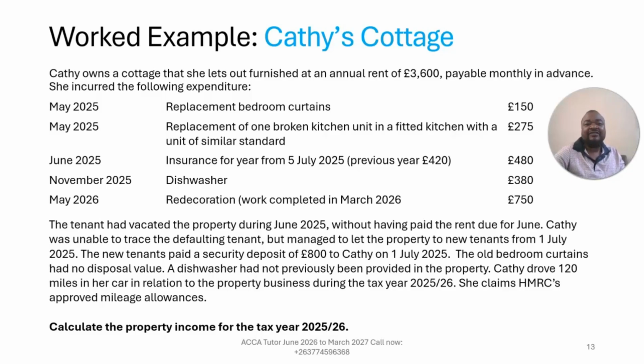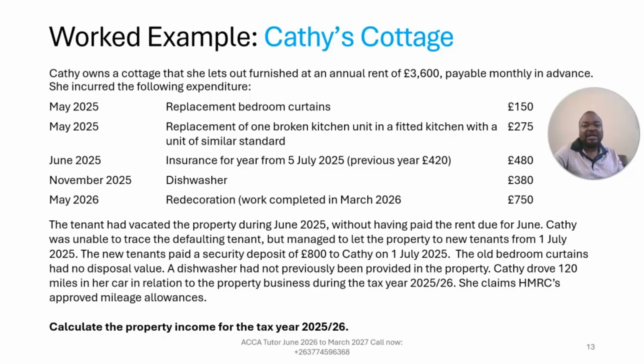The tenant had vacated the property during June 2025 without having paid the rent due for June. Kathy was unable to trace the defaulting tenant but managed to let the property to new tenants from 1 July 2025. The new tenants paid a security deposit of £800 to Kathy on 1 July 2025.